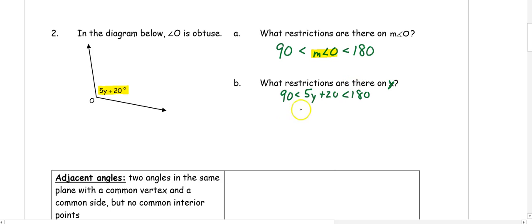So I'm going to subtract 20 from each part of my inequality. 70 is less than 5y, which is less than 160. And I'm going to divide each of these by 5. So we get 14 is less than y, which is less than 32. So that means any value between 14 and 32 will make y substituted in to become an obtuse angle.